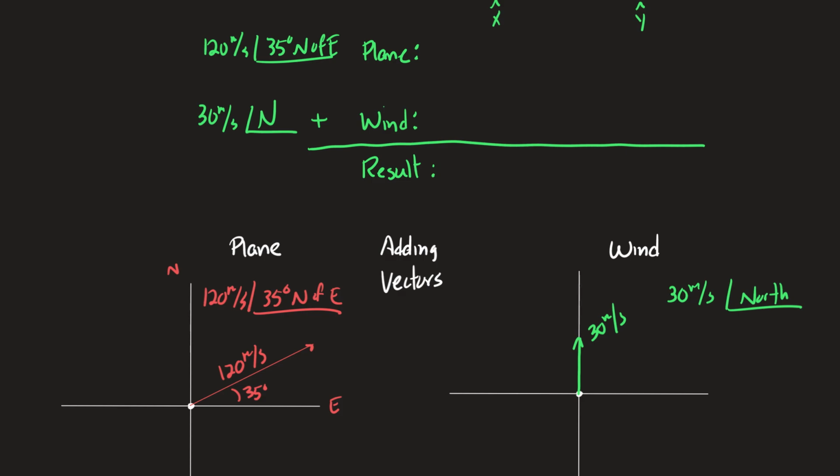Now look, the wind was easy. There's no trig involved. 0 in the x hat direction plus 30 in the y hat direction. Right, didn't give you any trig there. If it's along a cardinal direction, it should be pretty easy to do because it's all in one direction. But I'll let you guys do the plane. You need the practice.